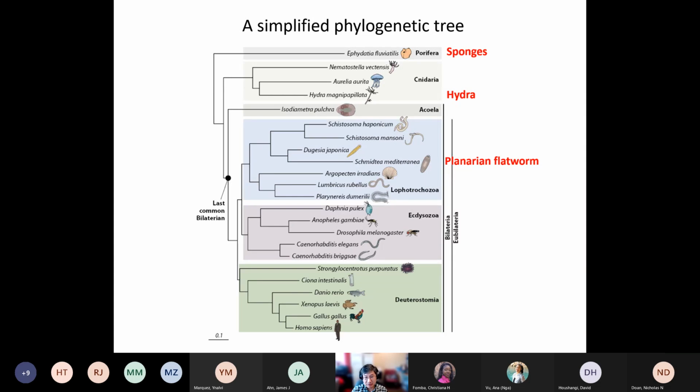But for planarian, now they are left and right symmetry. That's why they are called bilaterian. Bilaterians are all left and right symmetry. So they are invertebrate, but now more advanced.